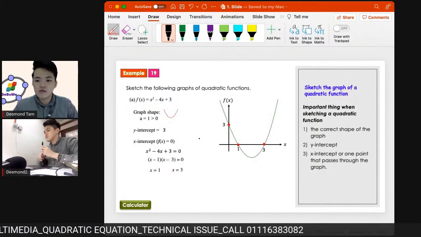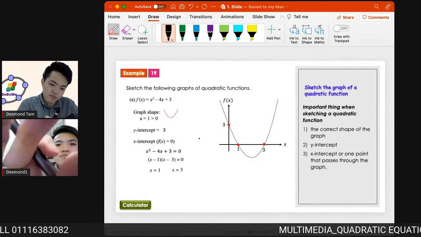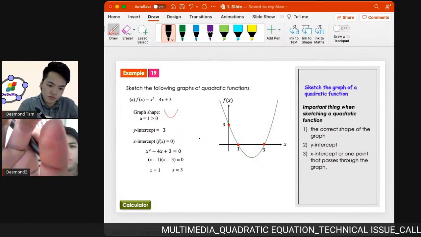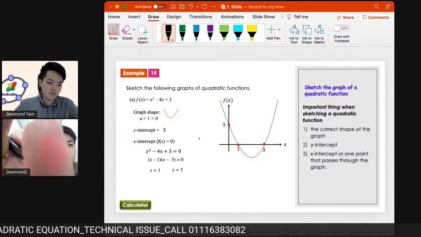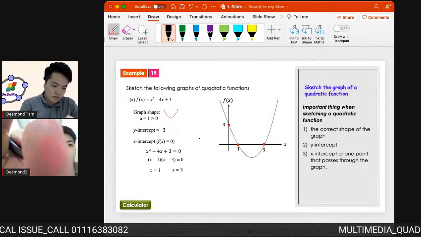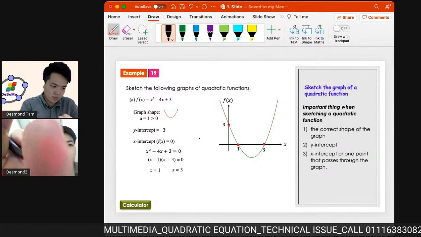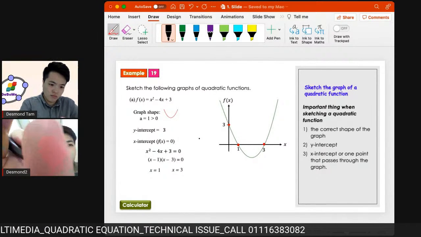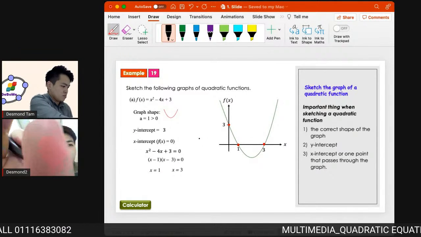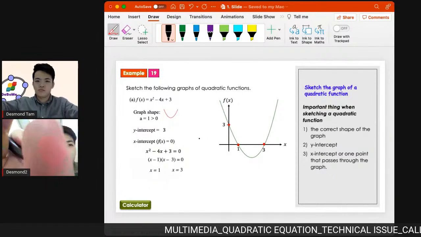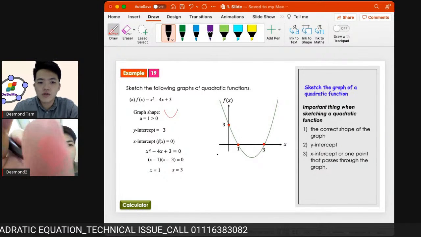Hi everyone. I'm going to explain how to sketch the quadratic function.